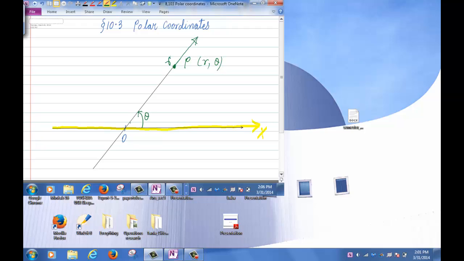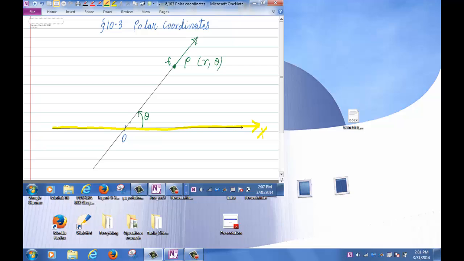Another interpretation for r is that r is the distance of P from the number 0. I usually call that the radius. Okay. So it's the radius of P, comma, the angle theta.